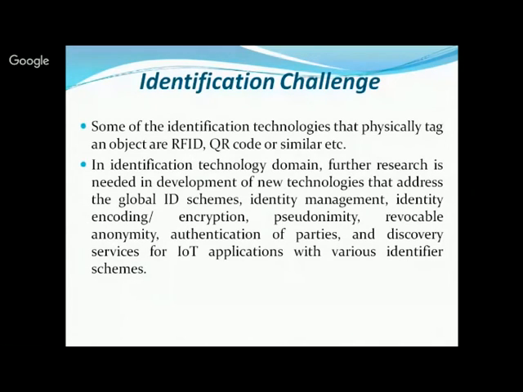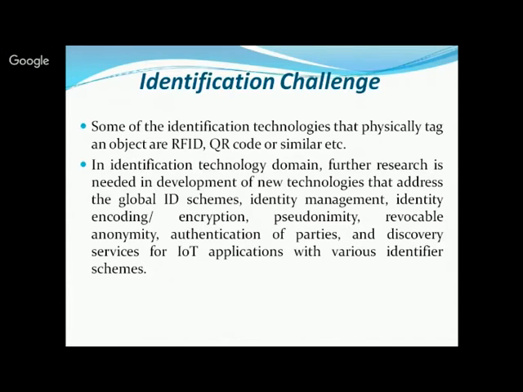Basically, in the physical world, when we identify things we use a QR code or an RFID code. But in the case of IoT that is not possible, because for the many devices on the internet you do not know how to identify them, or whether they are important devices that should be in your IoT or not.